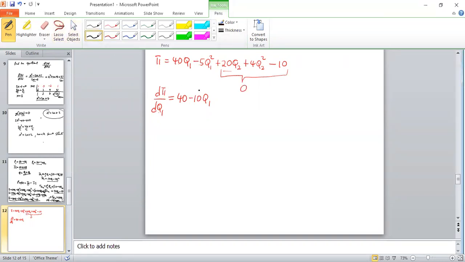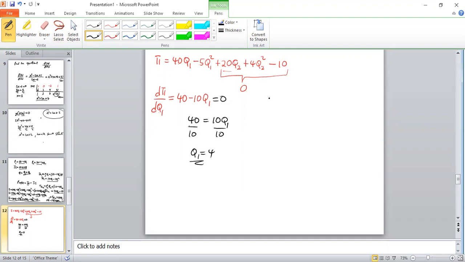Since we are maximizing, we equate this to 0 and solve: 40 minus 10Q1 equals 0, so 10Q1 equals 40. We divide by 10, so Q1 is equal to 4.